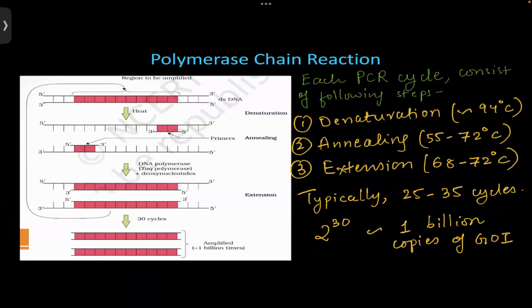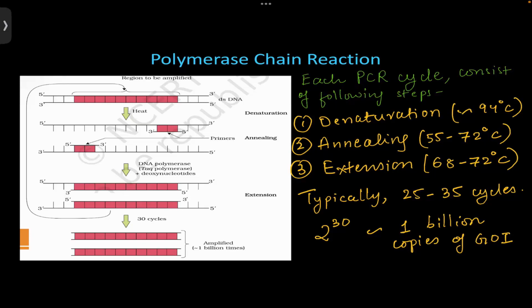Now let's discuss what the steps in a PCR reaction are. PCR reaction consists of cycles. In one cycle of PCR, one DNA molecule gets amplified to create two DNA molecules.